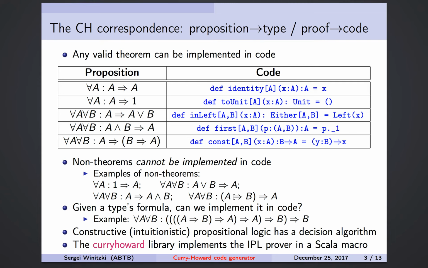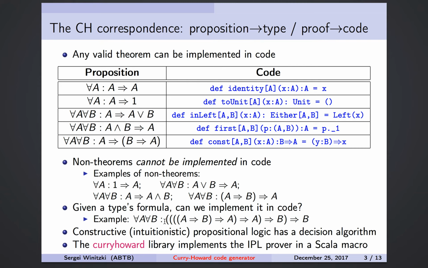So then there's a natural question to be asked. Given a certain type, can we implement it in code? Here's an example. It's not clear at all. This is complicated. Can you write a Scala function that returns this? Fortunately, the logic that corresponds to these formulas, and this logic is called constructive or intuitionistic propositional logic, has a decision algorithm.